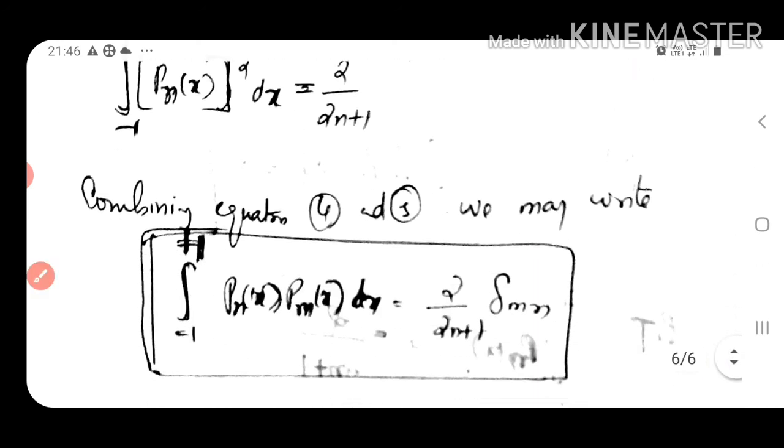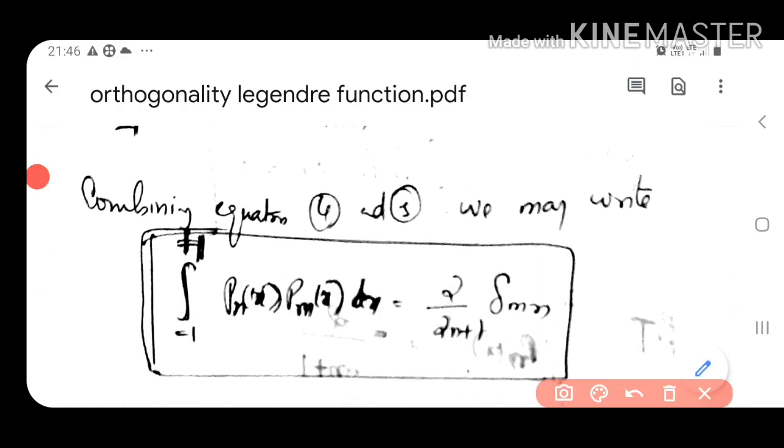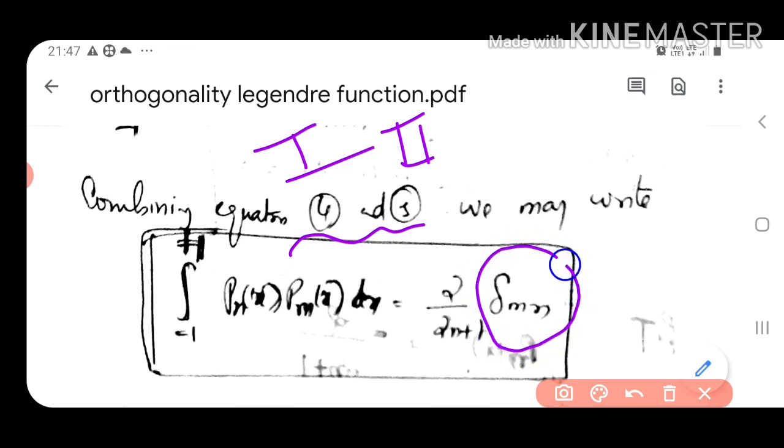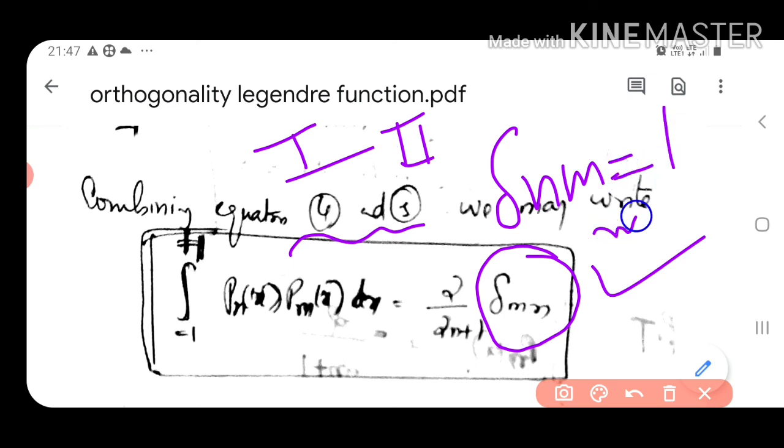Now by combining equations 4 and 3, the first part and the second part, we use the Kronecker delta mn. You know, delta mn is 1 when m equal to n, and it is 0 when m not equal to n.